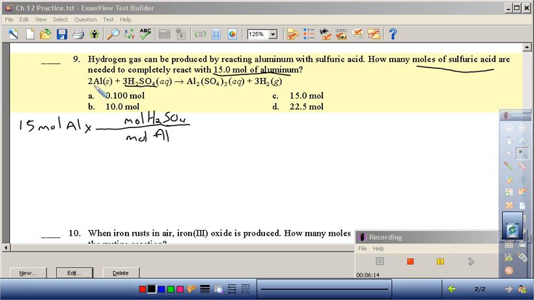How many aluminums are there? 2. 2 aluminums for every 3 H2SO4s. Cross off my like units. The question says, how many moles of sulfuric acid? I'm in moles of sulfuric acid, so I can calculate 15, multiply everything on top, divide by everything on bottom.